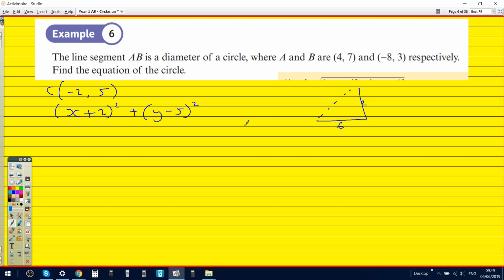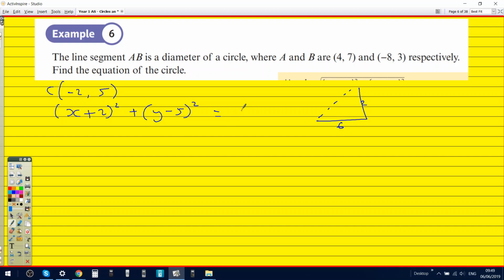So 6 squared. Square. Square. That's a 6.3. So what is it as a square root? As a square root 5.